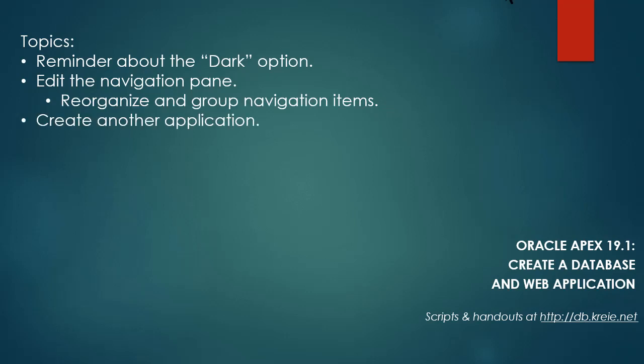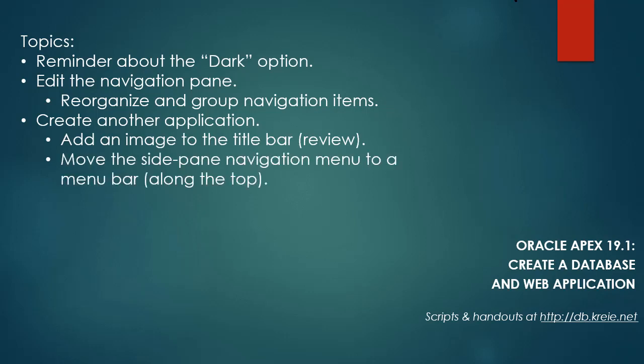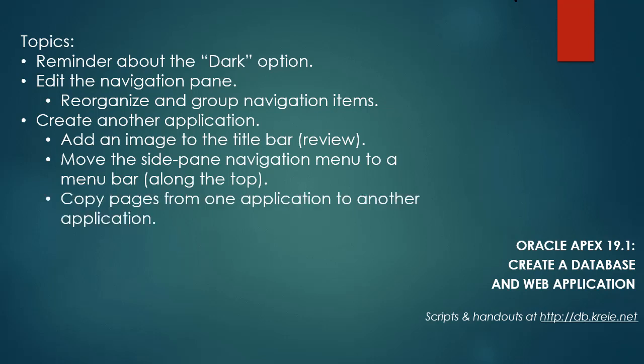We'll create another application and copy some of the pages from the application we've been working on to the new application. In the new application, we'll review how to add an image to the title bar, and we'll see how to move the side pane navigation menu to the menu bar along the top.